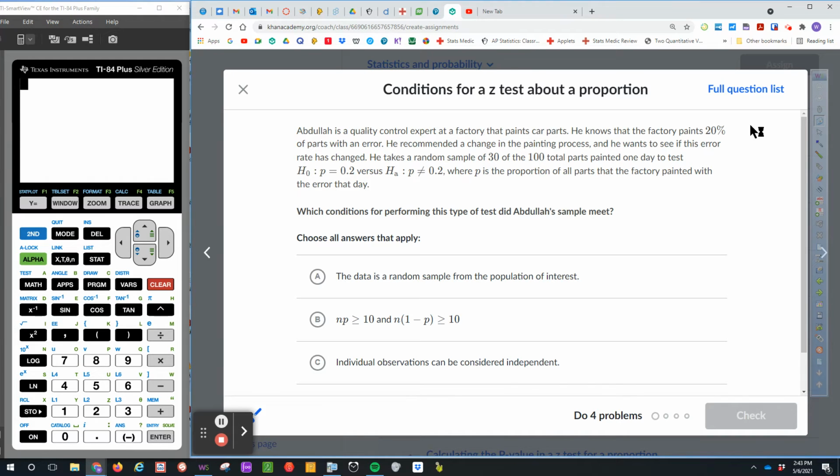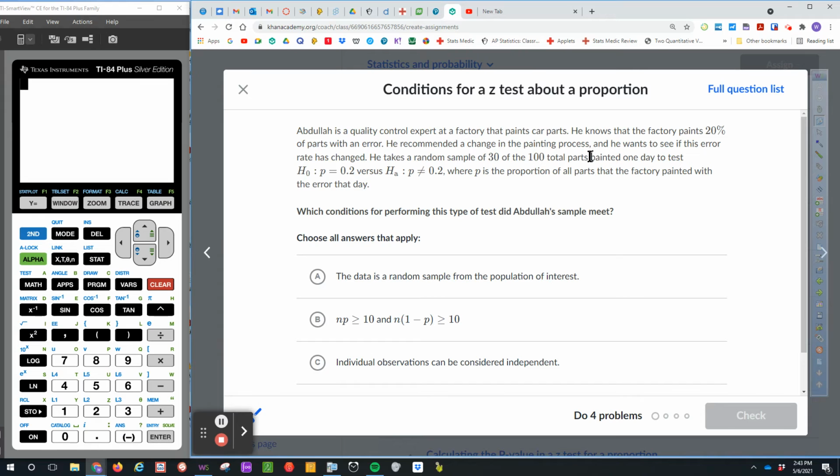The null hypothesis is p equals 0.2, the population proportion of parts with an error, versus the alternate hypothesis that p is not equal to 0.2. He just wants to know if it has changed, where p is the proportion of all parts that the factory painted with error that day. So which conditions for performing this type of test did Abdullah's sample meet?